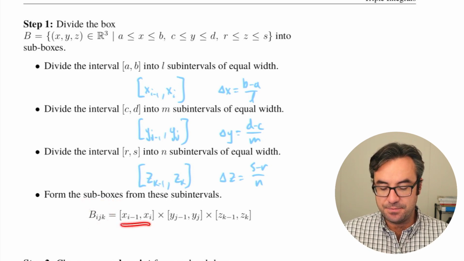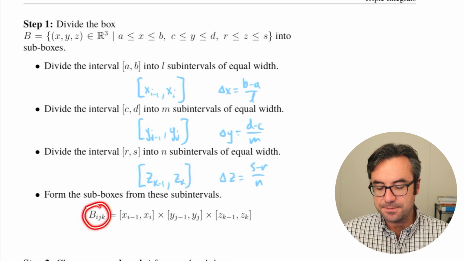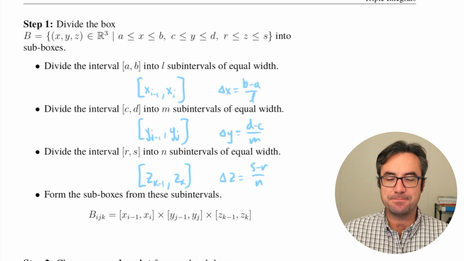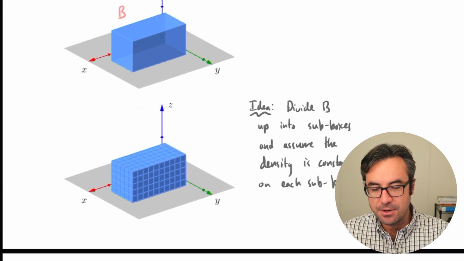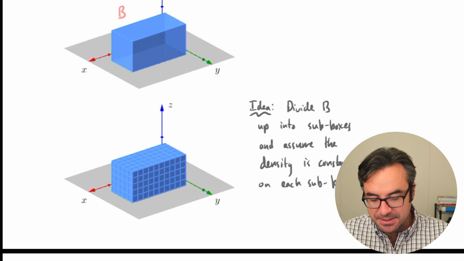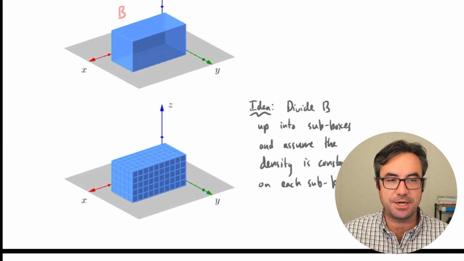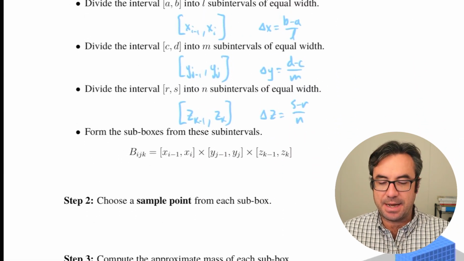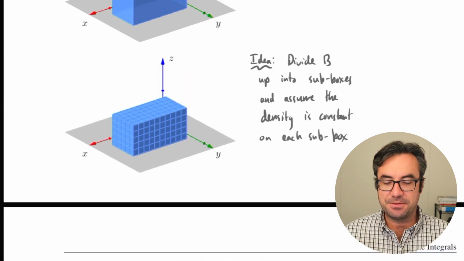So when we look at these intervals like this, we get the subbox B_ijk, and that's just some arbitrary one of these little boxes sitting inside our total object here. So then the volume of these little subboxes, well, we can calculate.